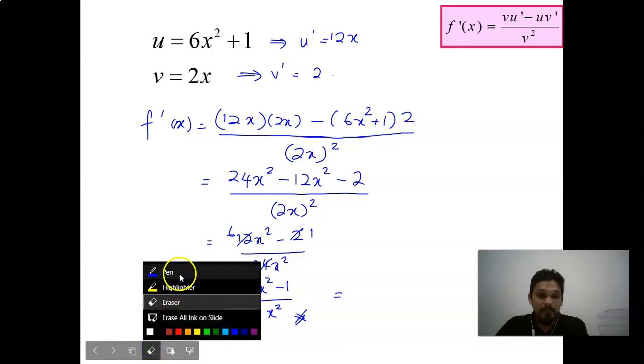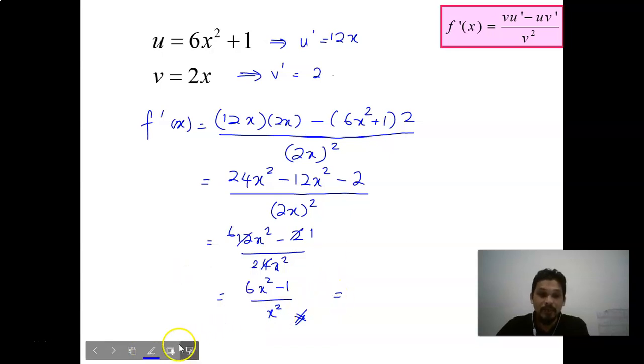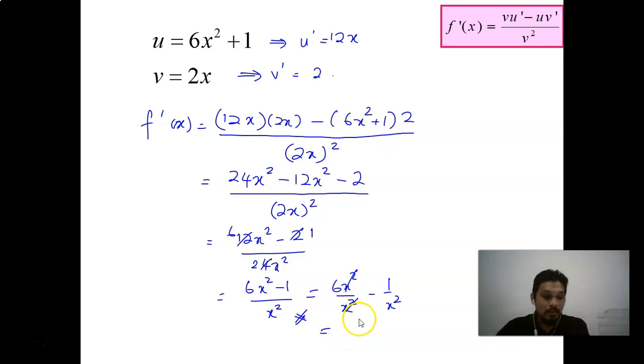By referring to the answers provided, it is 6x squared divided by x squared minus 1 over x squared. So then 6 minus 1 over x squared, and divide by 2 equals 3 and 2 here. Okay, that's it. Anyway, I think that is more than enough.